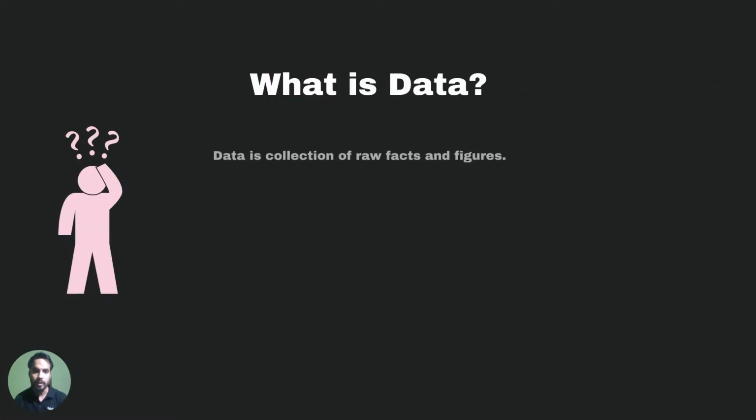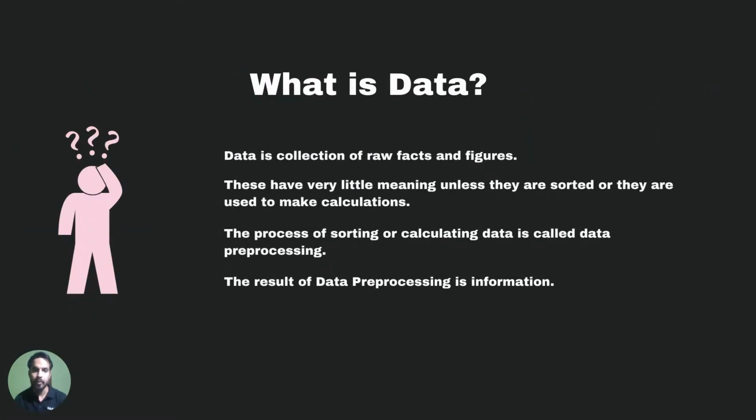So let's understand what is data before talking about what is data analysis. Data is a collection of raw facts and figures. These have very little meaning unless they are sorted or used to make some calculation.